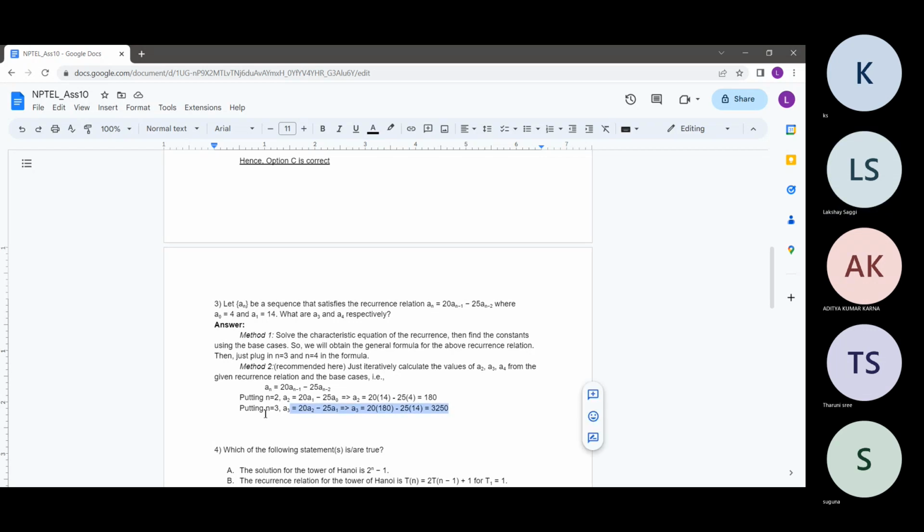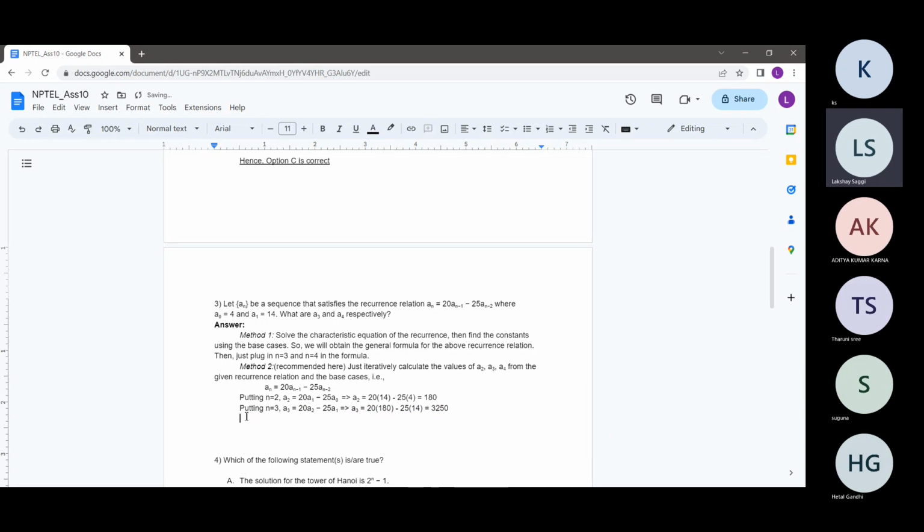So now repeating this sort of step again. Now I have obtained the value of A3. Now I also need to find out the value of A4. So I'll put n as 4, and I'll get the recursive relation as A4 is equal to 20 times A3 minus 25 times A2. For calculating A4, I need the values of A3 and A2, which I have calculated earlier.